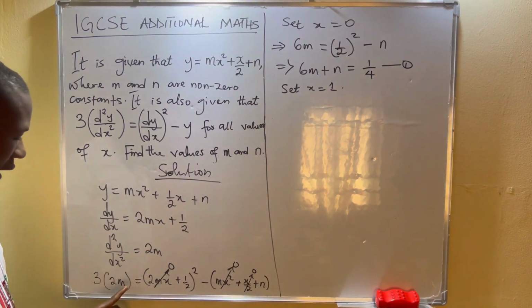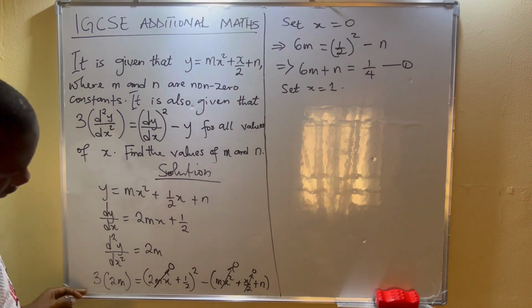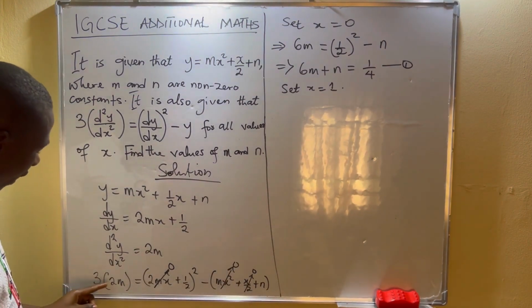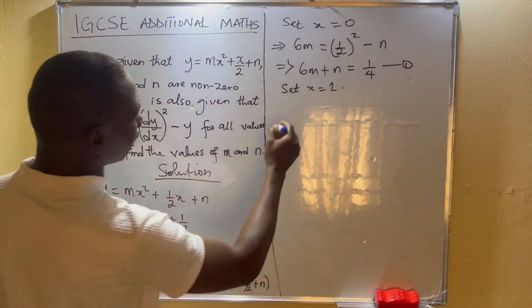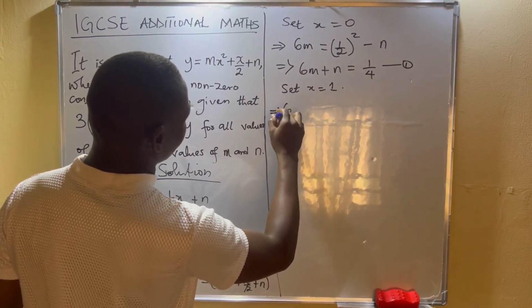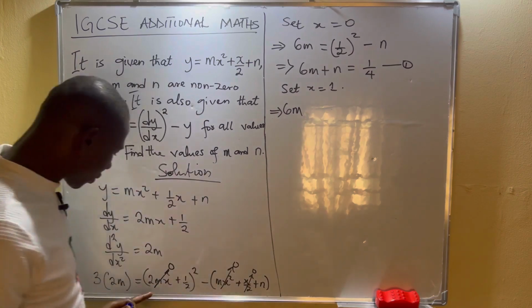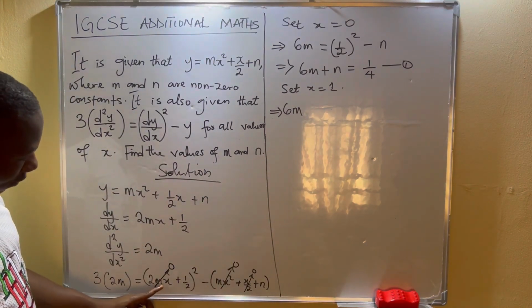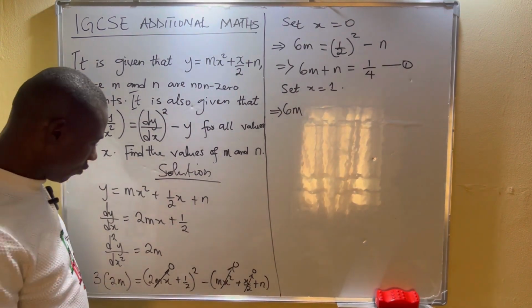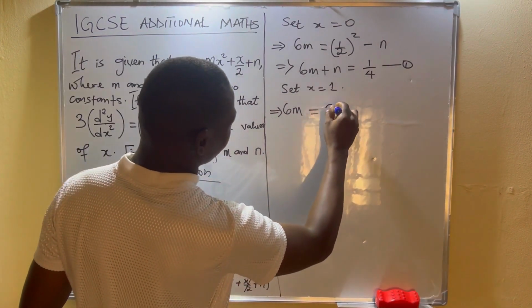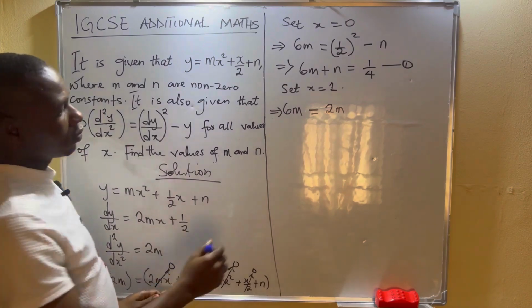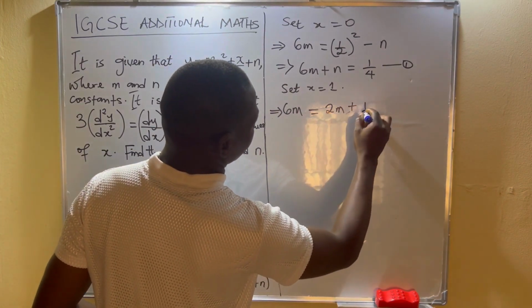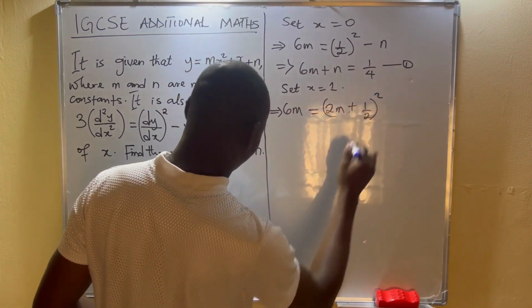So if I call x equal to 1, still from this equation, I have 3 times 2m will still give me 6m. x being 1, I have 2m times 1 will give me 2m plus 1 over 2, all squared.